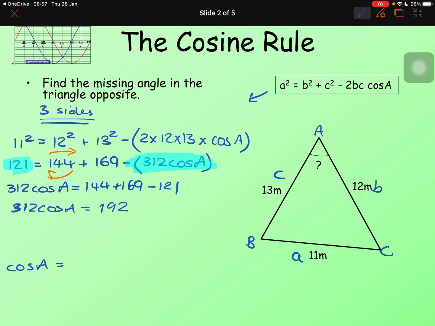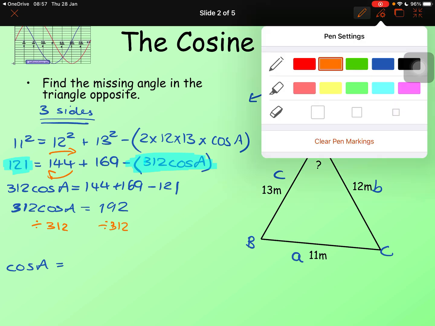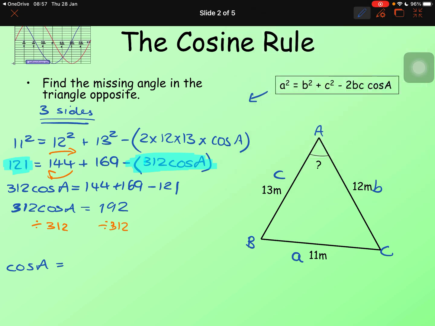To get to cos A, I'm going to need to divide both sides by 312. So divide by whatever that coefficient is, which will give me 192 over 312. Leave it as a fraction, guys, far more accurate. If I know that cos A equals that, in order to find my angle at A, I'm going to have to do cos to the minus 1 on both sides.